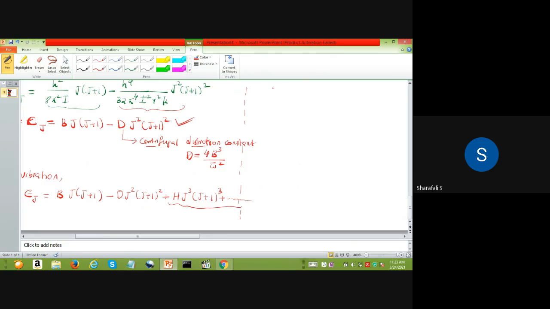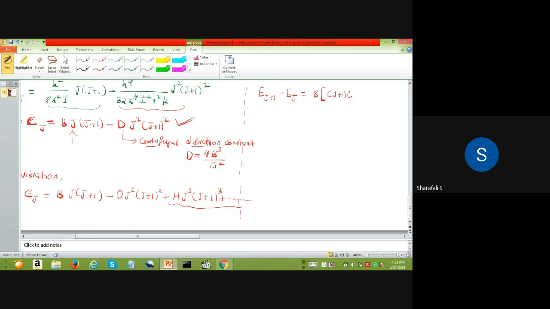Then if you consider E_{J+1} minus E_J, that is the energy level difference between the adjacent energy levels, that will be equal to B into, in the first case, J plus 1. I'm substituting J plus 1 in terms of J. Instead of this J, we have to substitute J plus 1.